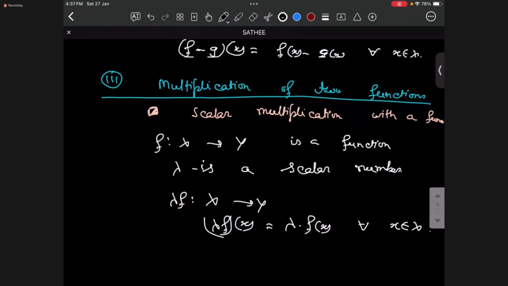And how can we define multiplication of two functions?